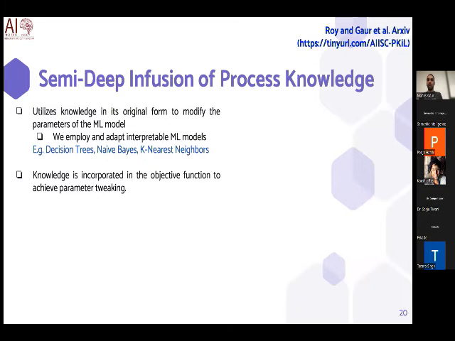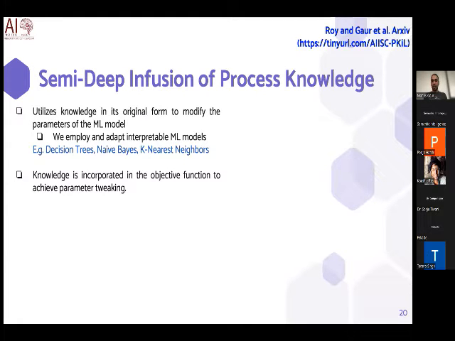Another form of infusion is semi-deep infusion, where we make the model have an interpretable structure. Very simple methods for interpretability are decision trees, naive Bayes, and k nearest neighbors.